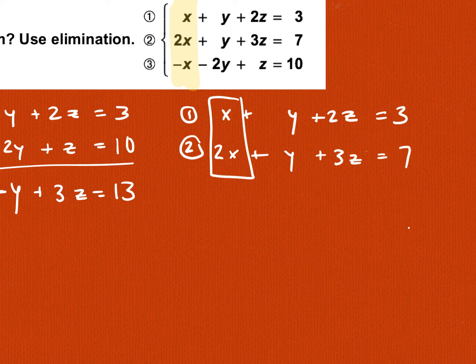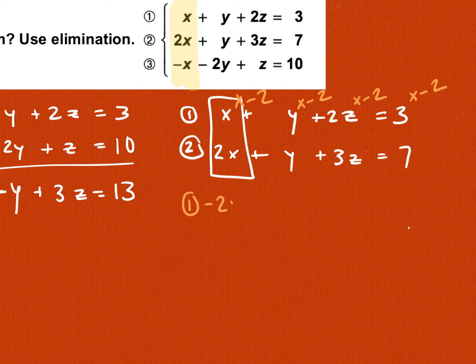No. So what do I have to multiply to get them to cancel? Times negative 2 to which equation? The first one. So I'm multiplying my whole first equation times negative 2. I'm going to rewrite my new first equation down here.